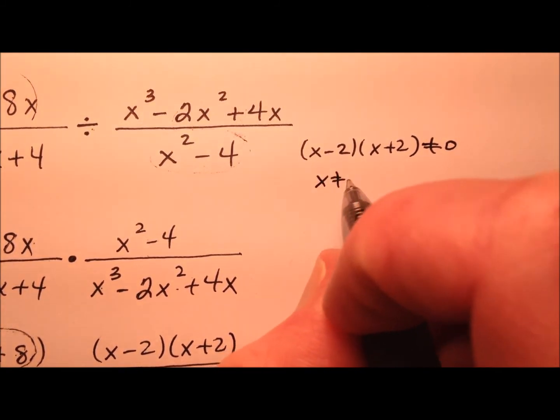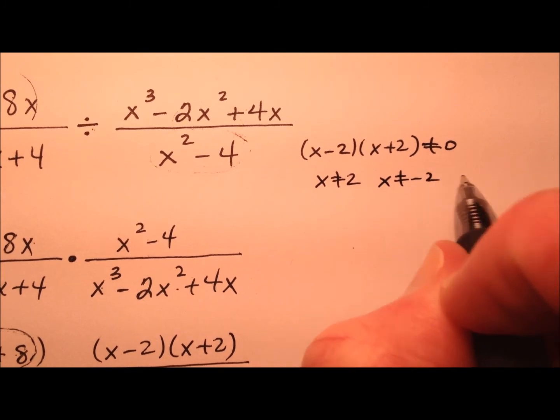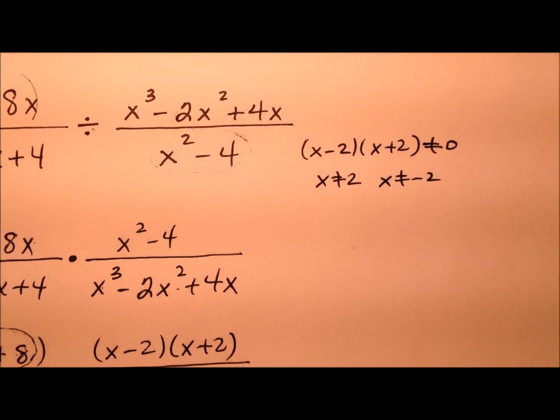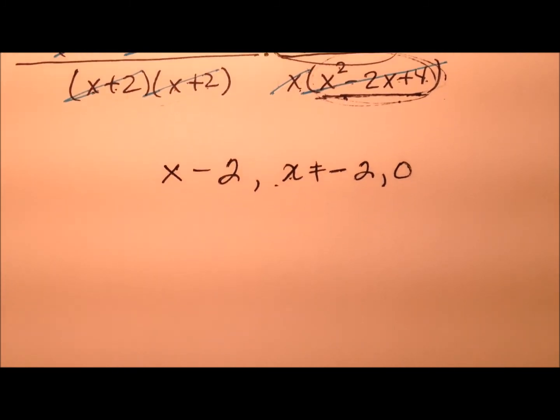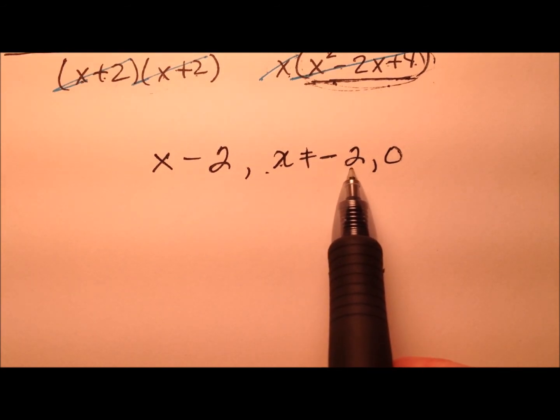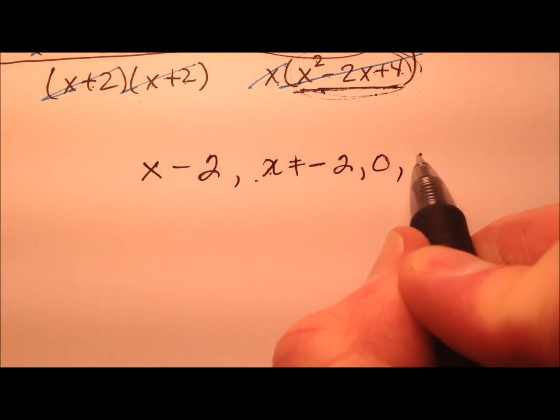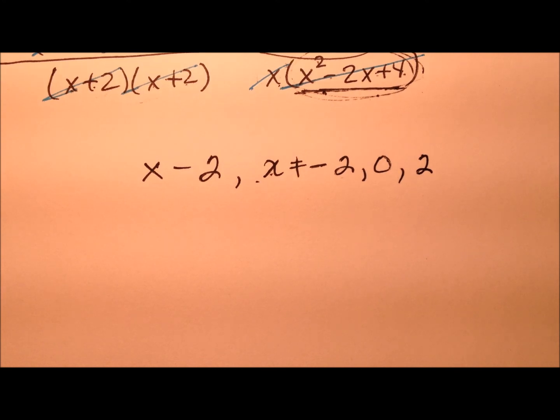So x cannot be 2 and x cannot be negative 2. Well, one of those we had already picked up here, x cannot be negative 2. But we also know that x cannot be positive 2 because of the original expression.